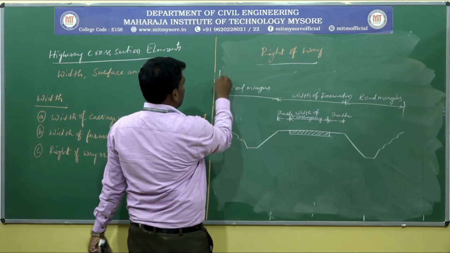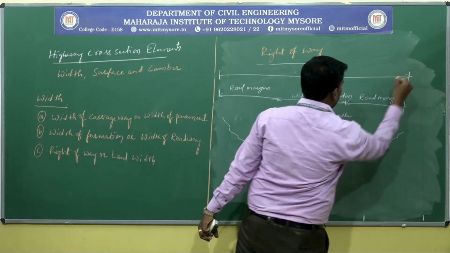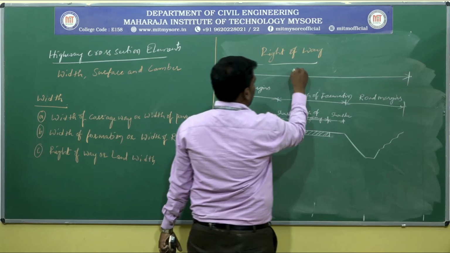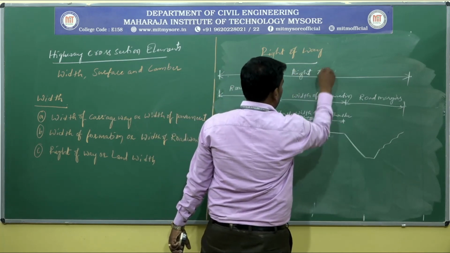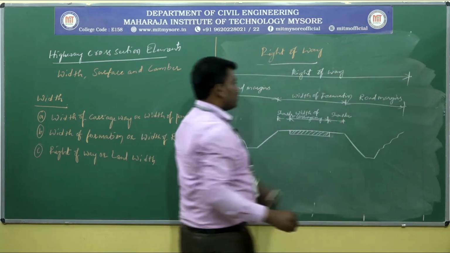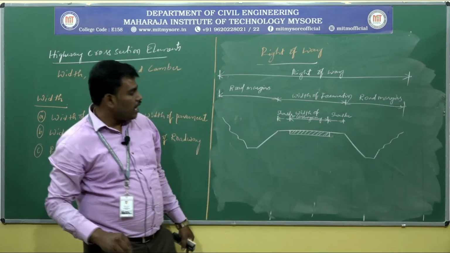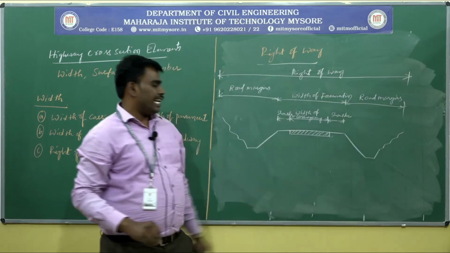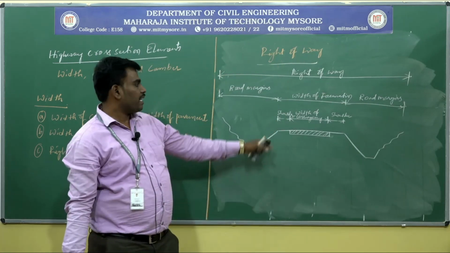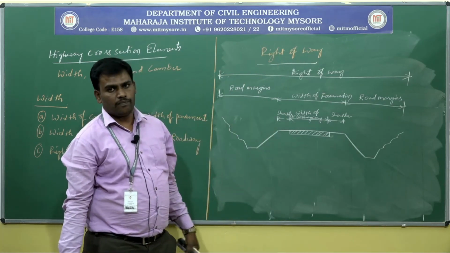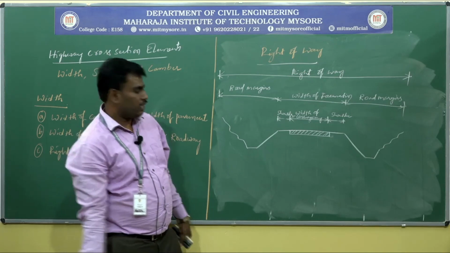The total is the right of way or land width. It is the sum of widths of formation and road margins. This is a typical cross section of right of way.